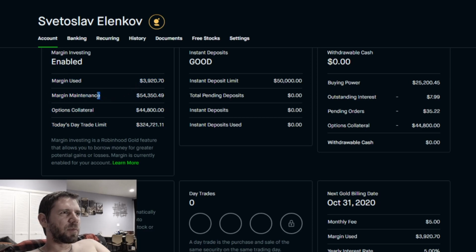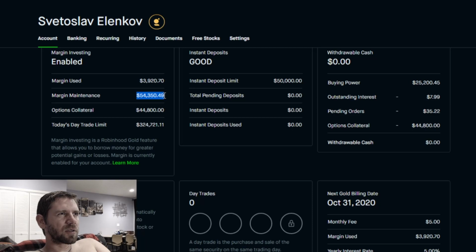Margin maintenance is the big term that you got the email about. What this number means is that you can't drop below this level as your total account value, which is the number that you see on the front page of the website or as soon as you open the app. You can't go below that number.